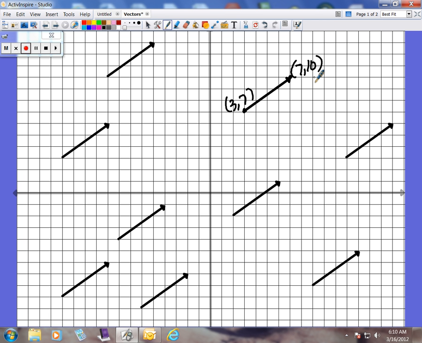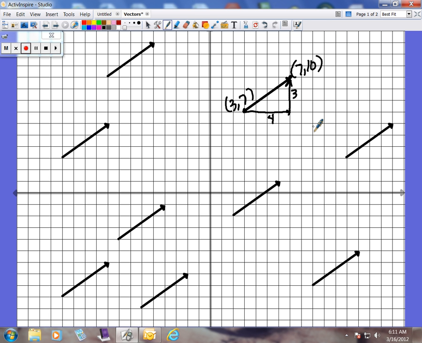Now, the connection we've made in the past that you probably remember, when you have a vector, if this vector is a resultant vector, its two components are the horizontal here and the vertical here, which we can actually count: this is 1, 2, 3, 4, and this one is 1, 2, 3.